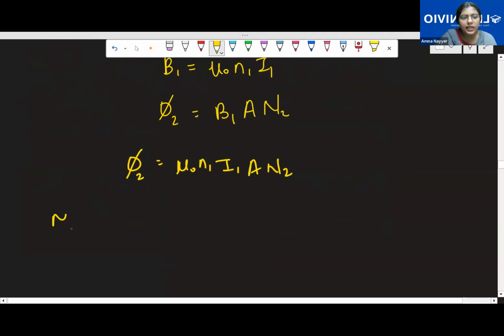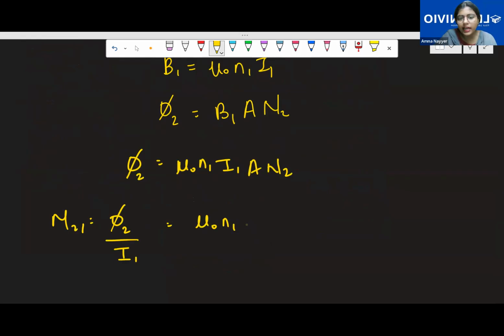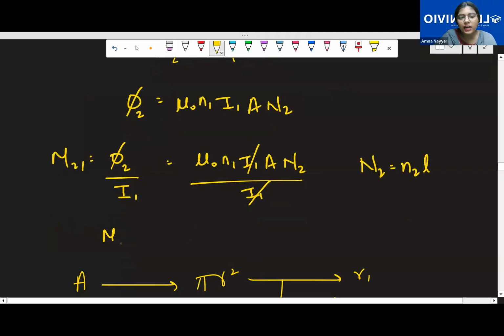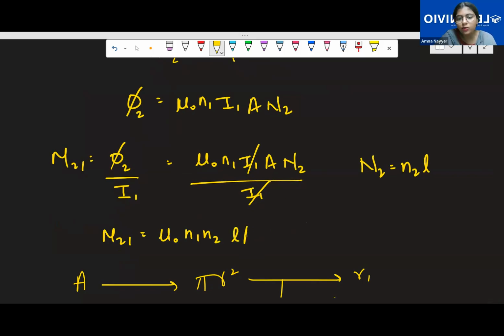Now, mutual induction on 2 due to 1 is phi 2 divided by I1. This is mu naught n1 I1 A N2 divided by I1. Look, class, N2 is eventually small n2 into L. Is there a difference? What are we getting M21 as? Mu naught n1 n2 L into A.